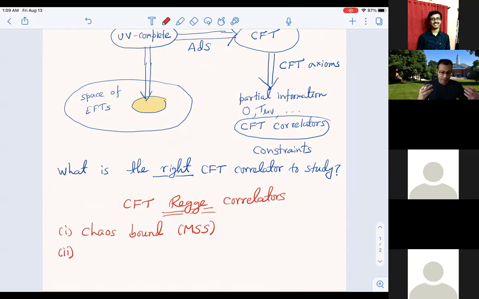So basically, they describe kind of local physics in AdS. So if we find some constraint by studying Regge correlators, it is very likely that these constraints are insensitive to space-time curvature. So this is a very important property.